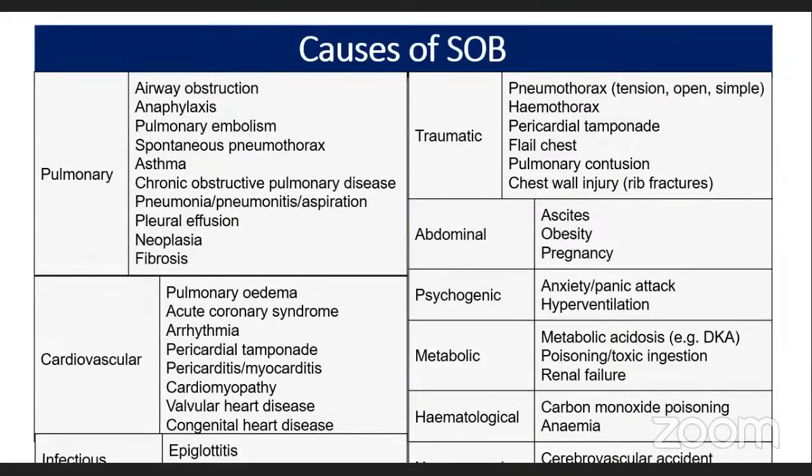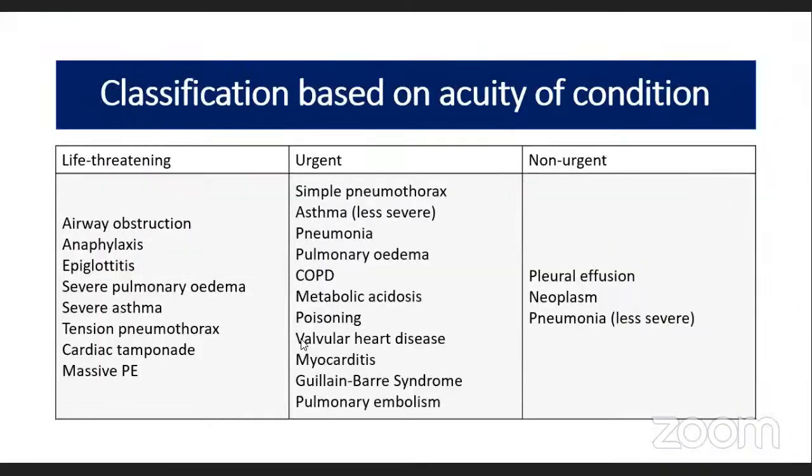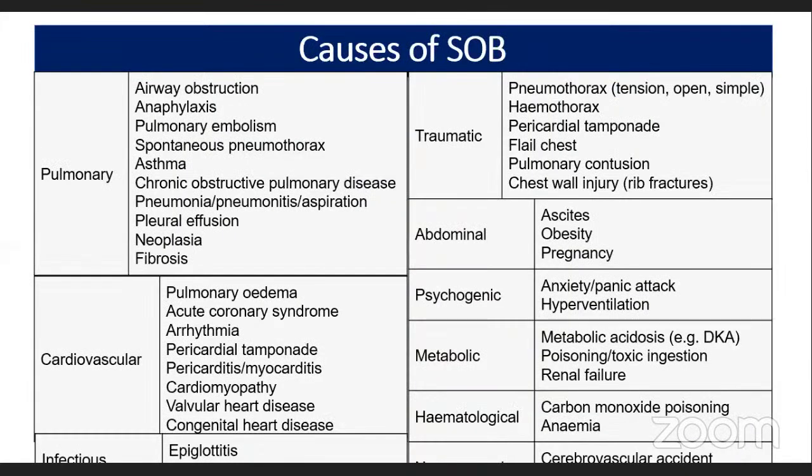In the cardiovascular system, basically pulmonary edema, or the patient might have acute coronary syndrome or arrhythmia, or pericardial tamponade. But others are not that significant a life threat. Infectious causes wise, the patient might have epiglottitis or significant pneumonia. Trauma-related things I have mentioned.